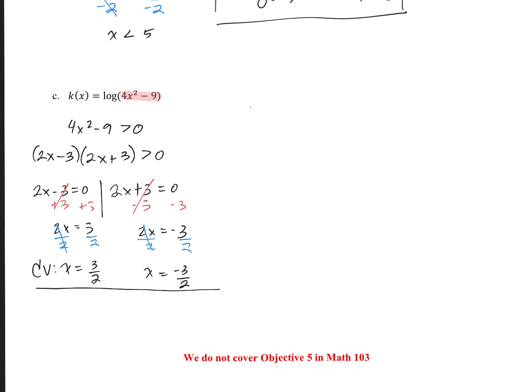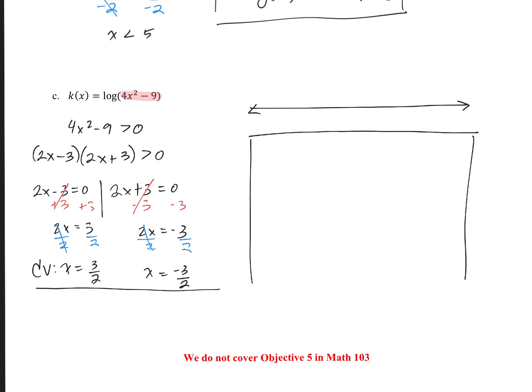So we'll go ahead and set up our testing box for critical values. We have negative 3 over 2, which would be negative 1.5, and positive 1.5. So I'll just go ahead and write that out as a reminder. This is 1.5 or negative 1.5.